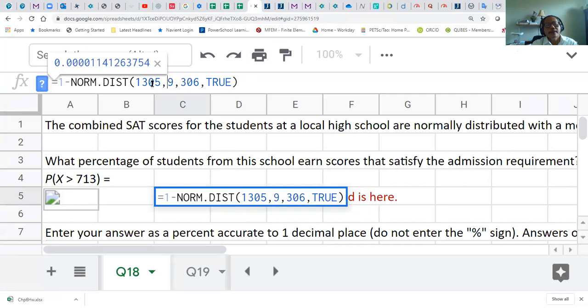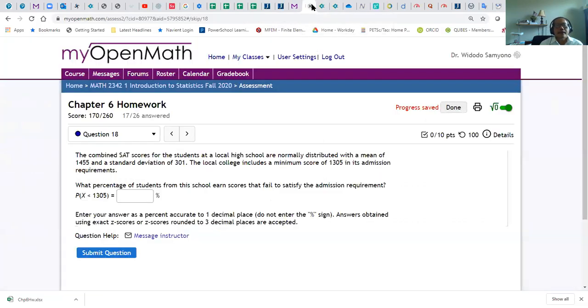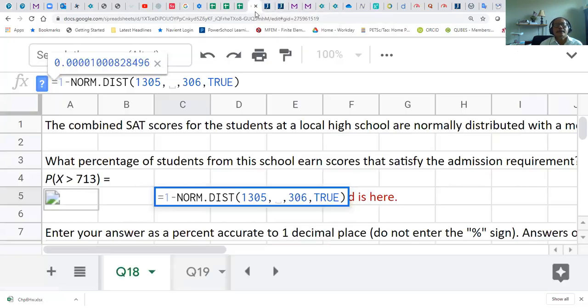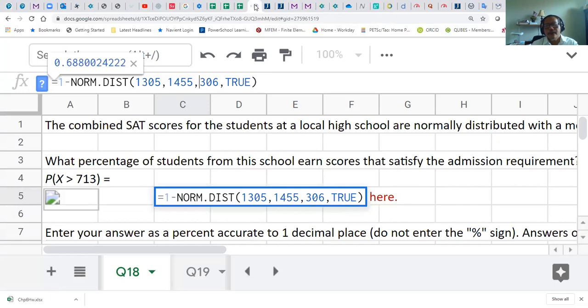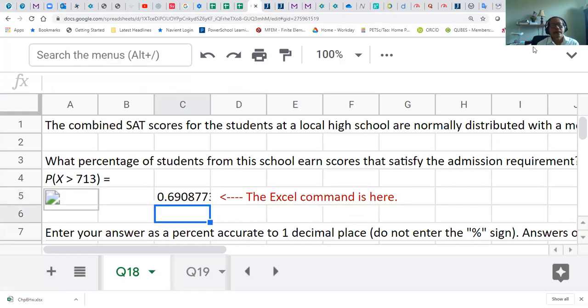The mean is 1455, and the standard deviation is 301. So this will be the answer.